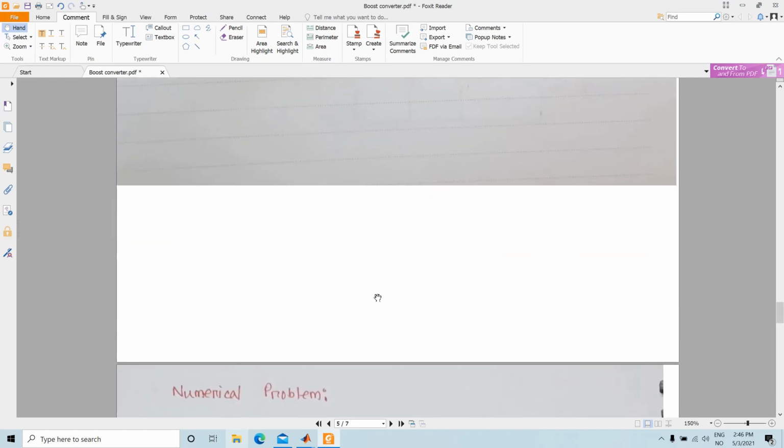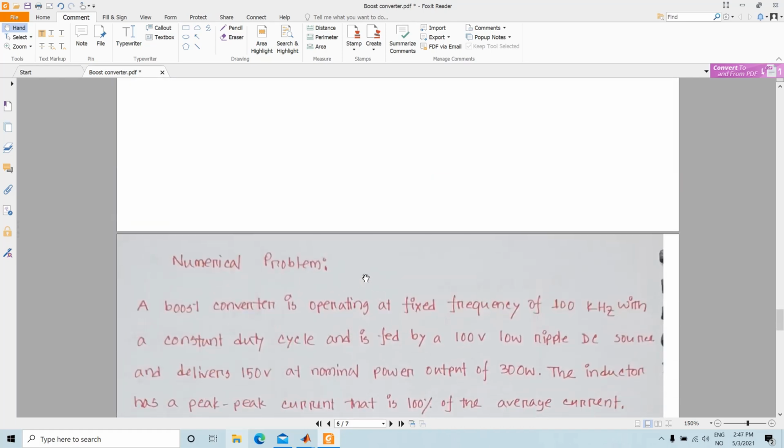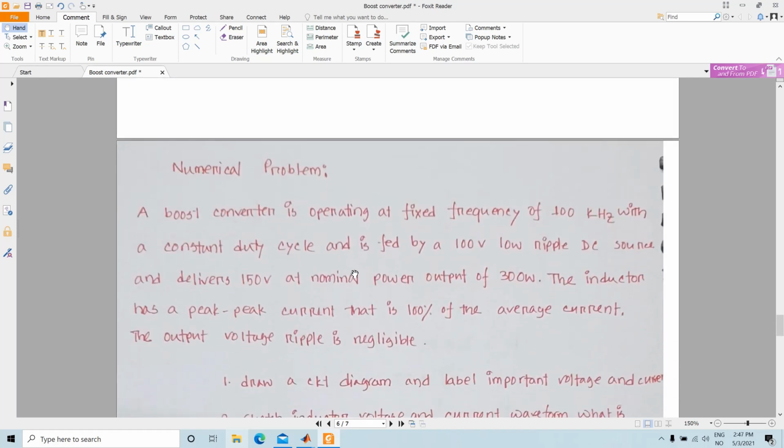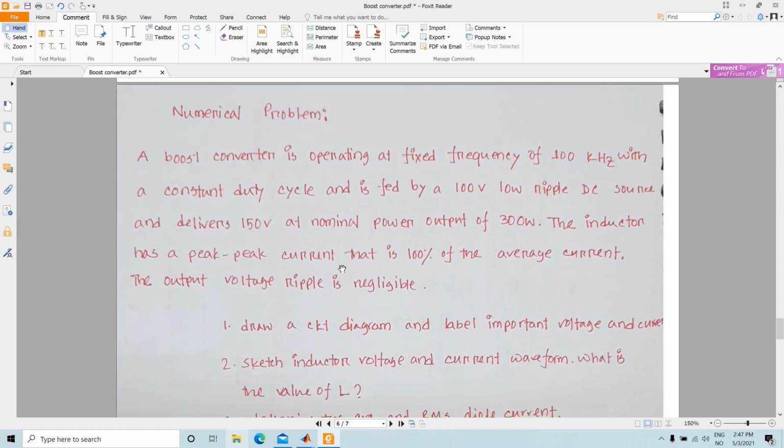Okay, then we will see one numerical problem here. The numerical problem says that a boost converter is operating at a fixed frequency of 100 kilohertz with a constant duty cycle and is fed by a 100 volt low ripple DC voltage source and delivers 150 volt output at a nominal power output of 300 watt.